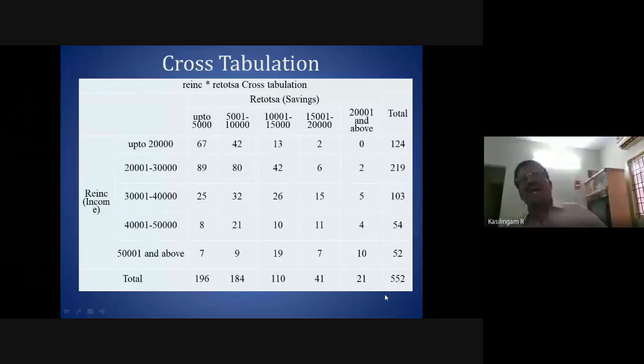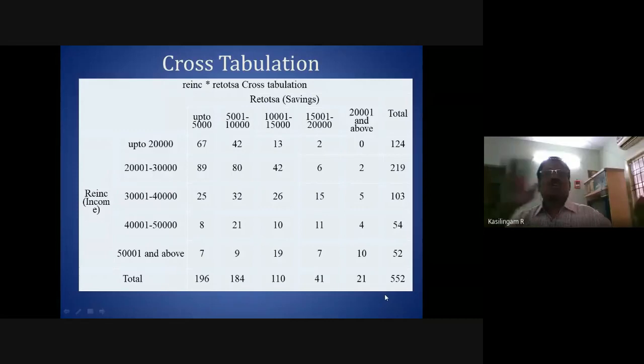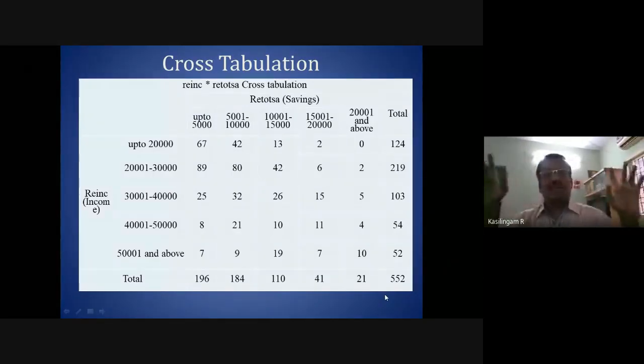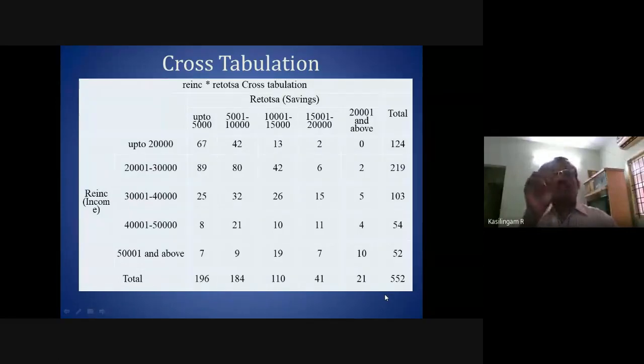So that is why column minus 1. So row minus 1 into column minus 1. Here 5 rows, 5 minus 1, 4 into 5 minus 1, 4, 4 into 4. My degrees of freedom is 16.